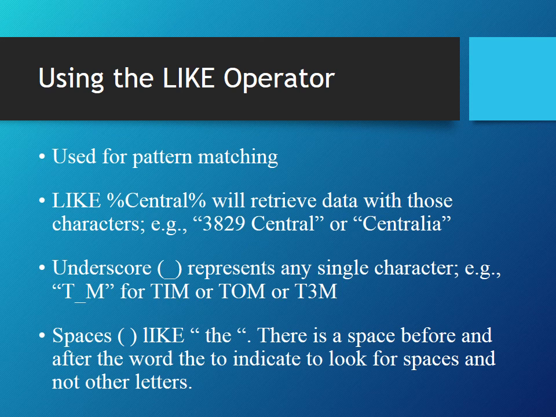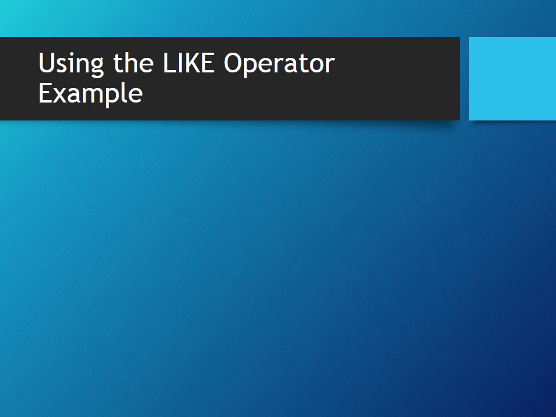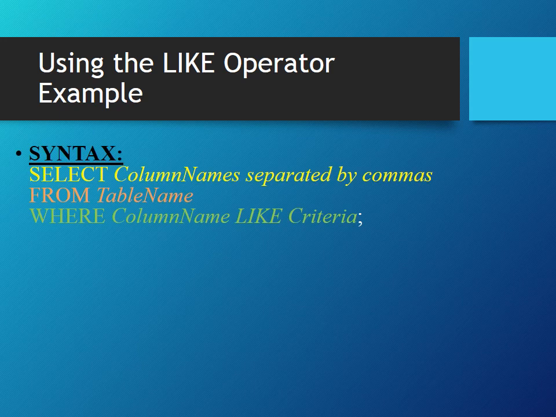There is a space before and after the word to indicate to look for spaces and not other letters. Let's look at an example using like. Here is the syntax. Select column name separated by commas from table name where column name, like, and then any criteria.